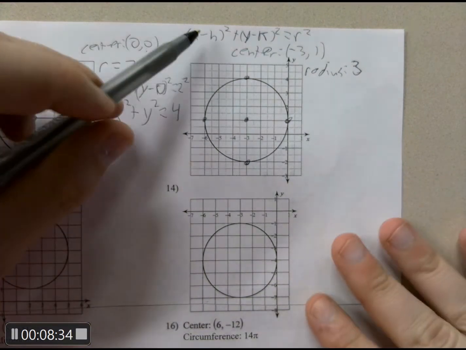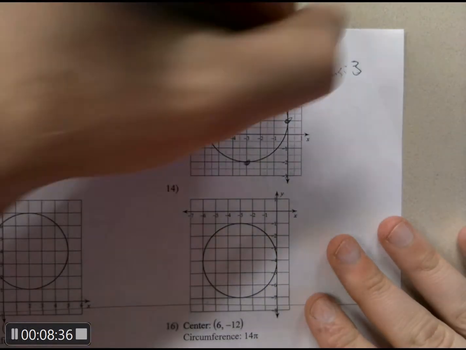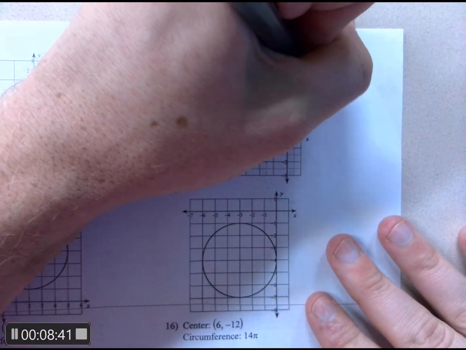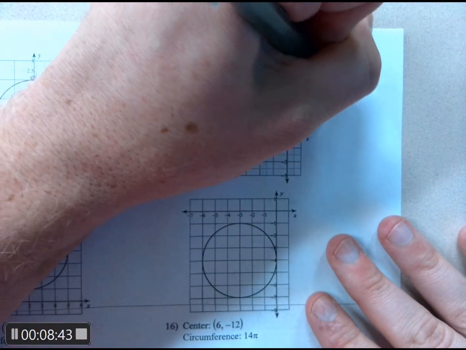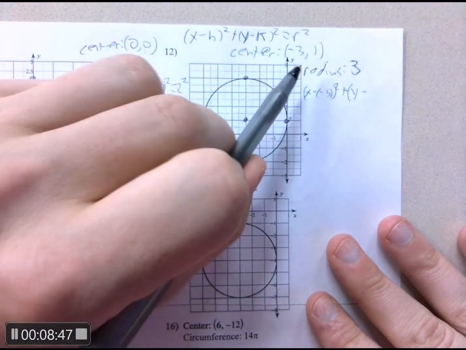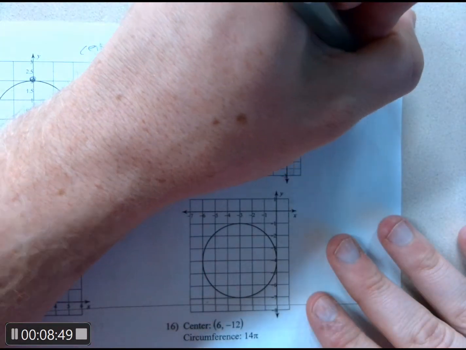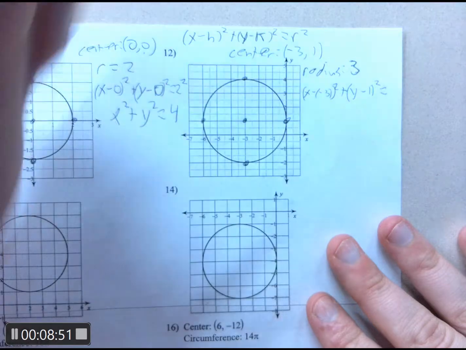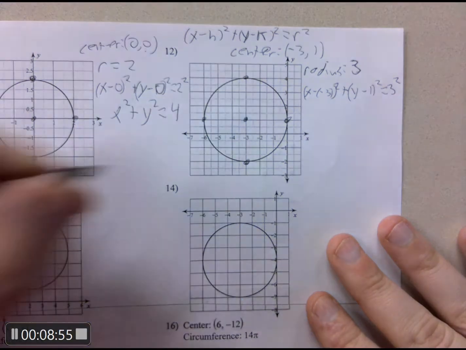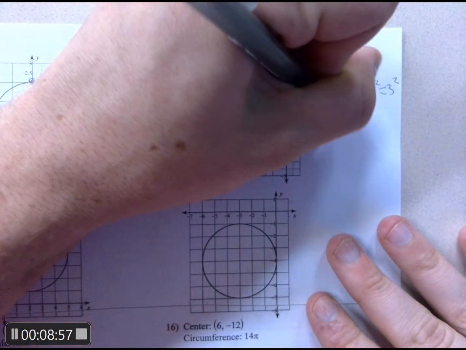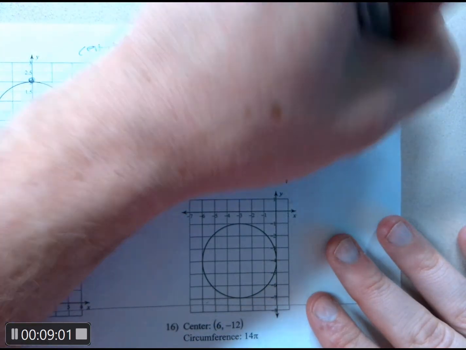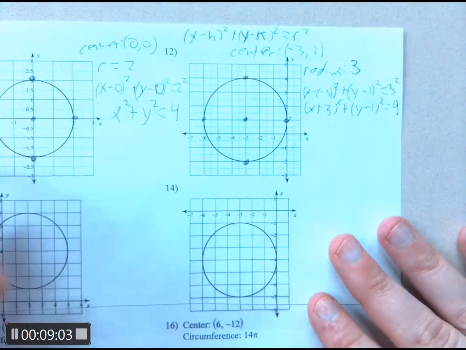From here, I'm just going to plug it into the equation up here. So x minus my h, which is -3, squared, plus y minus my k, which is 1, squared, equals my radius squared. My radius is 3 squared. So (x plus 3) squared plus (y minus 1) squared equals 9.